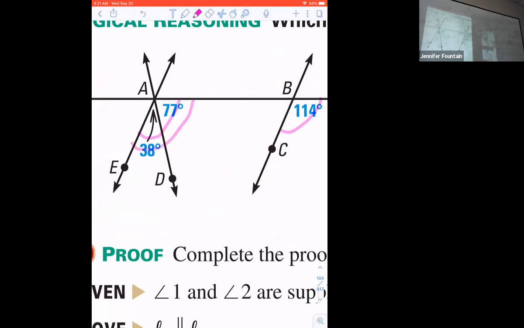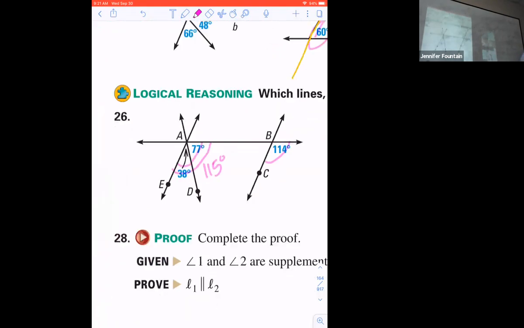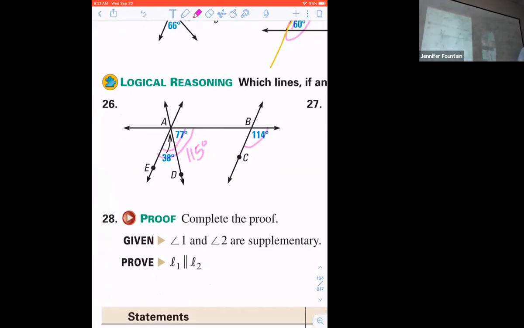Okay, 38 and 77 is 115 degrees. What do you notice about the other one? It's 114, so are these parallel? No. And I can see that this one's not parallel to anything because it's going the whole different direction. Okay, so in 26, none are parallel.